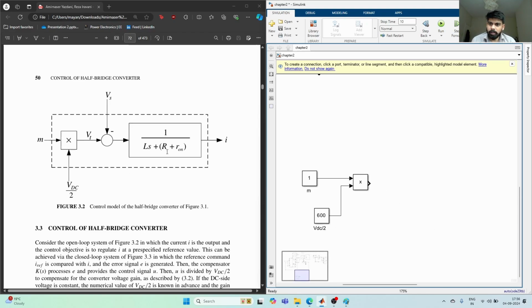This goes into a multiplier, and then we subtract it. So we'll put VS here. VS was 400 volts, if you remember.